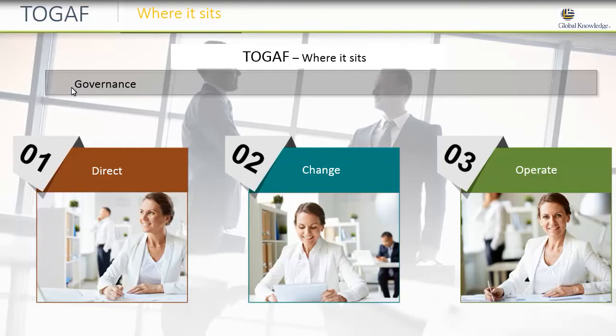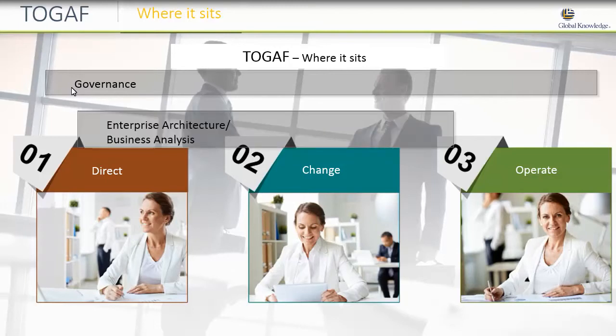Turning those policies and those needs of your organization into the technology that supports it, and the processes that support it, relies very much on enterprise architecture, the subject of this particular presentation, and things like business analysis as well. We then have projects and programs which are transforming the organization, taking the directives, changing the organization, and moving them smoothly into the operation area.